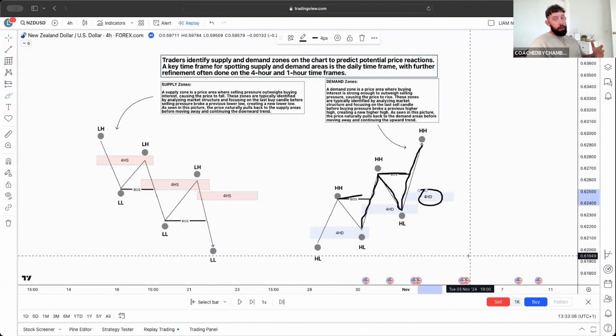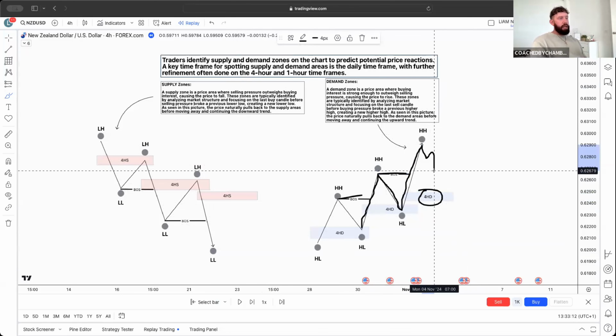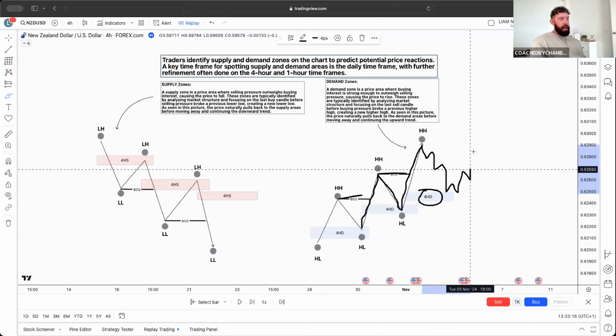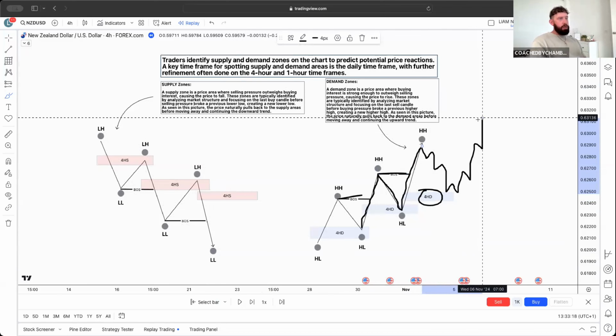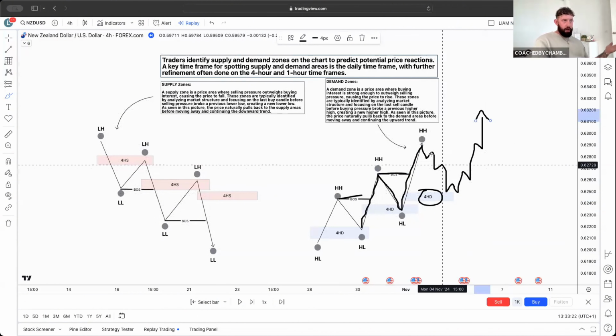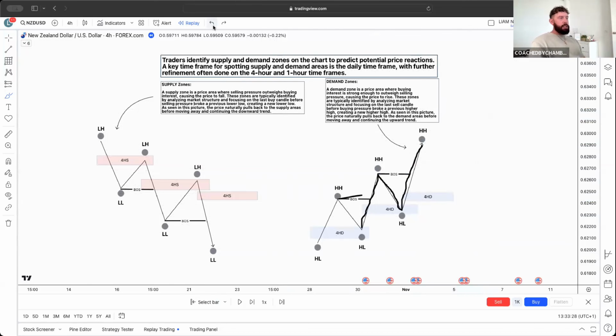We can do that by looking at the daily and 4-hour time frames, and then we expect to see a pullback, which will be a downward trend on the 1 hour into our demand area, and then that to continue upwards to create a new higher high in an upwards trend, and break this previous higher high. So hopefully that makes sense from an easier perspective of seeing it through just drawing on the charts.